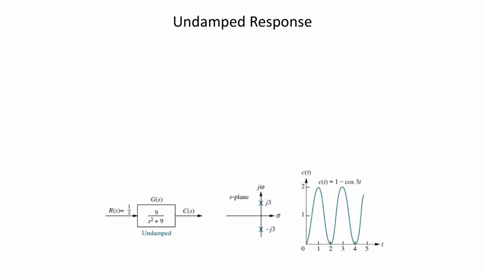Now let us consider the third case, that is the undamped case. Let us consider a transfer function 9 over s times s square plus 9. Now we see that it has two imaginary poles, that is s equals plus minus j3, which can be plotted on the imaginary axis.